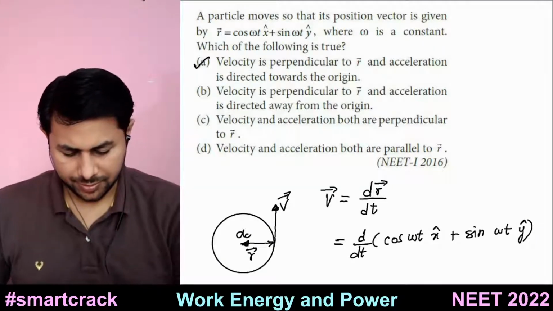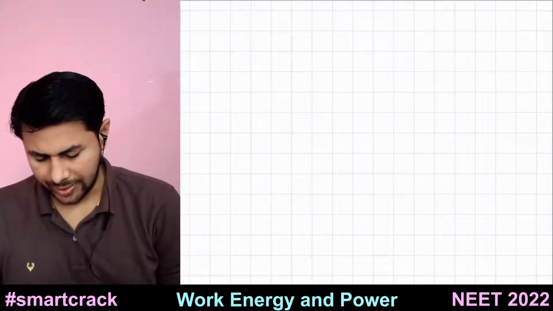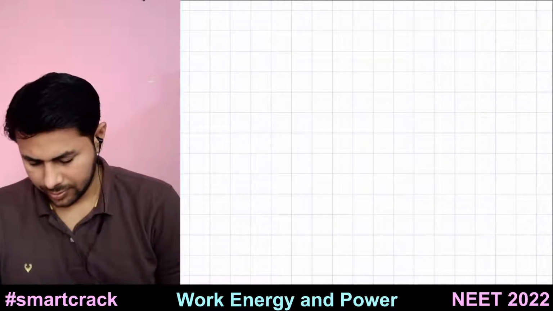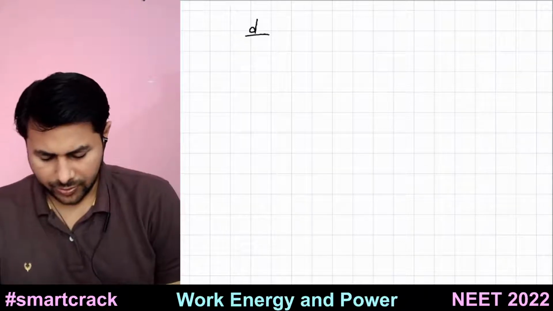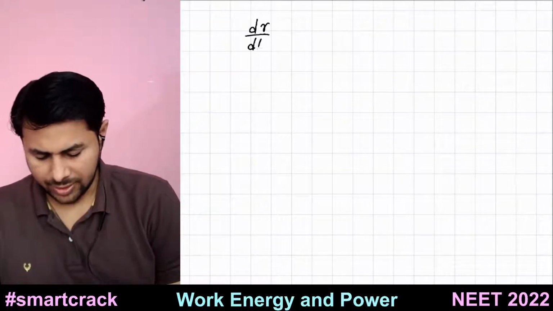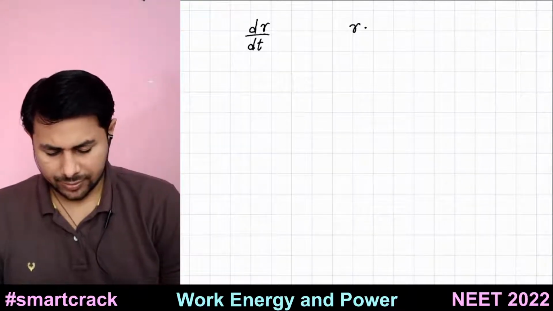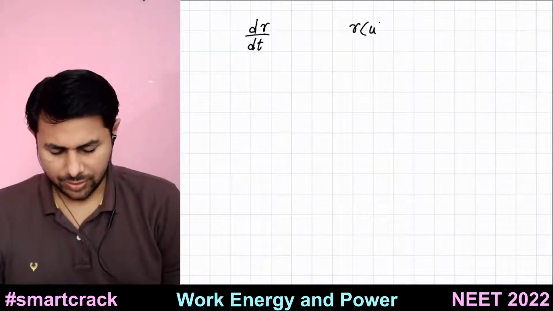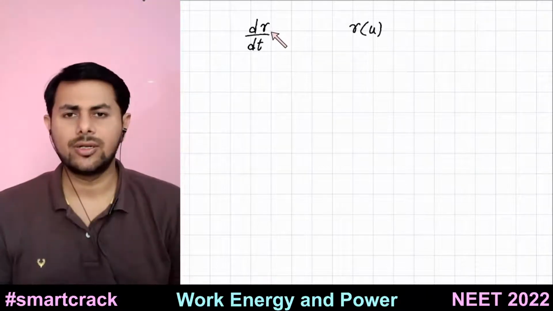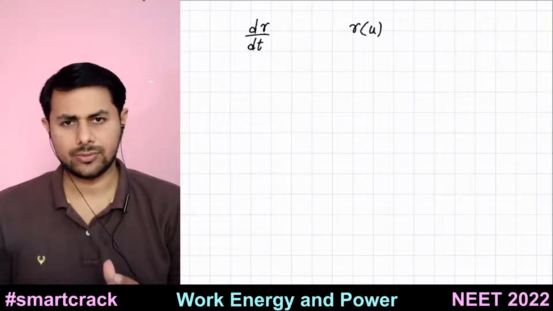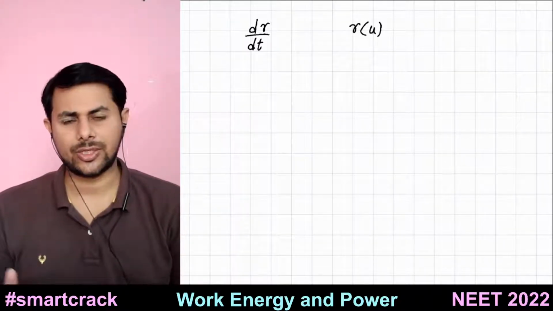So what is the chain rule? If you don't know, the chain rule is, let's suppose you want to find the derivative of some quantity r with respect to t, but r is not directly a function of t, r is a function of u.